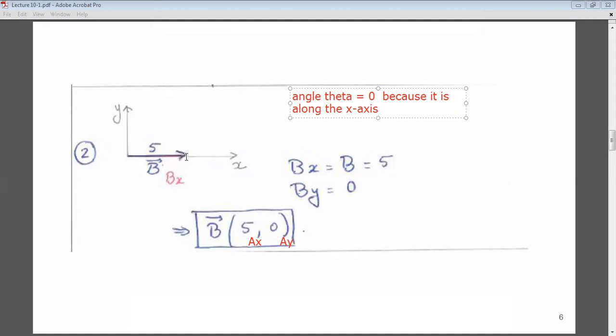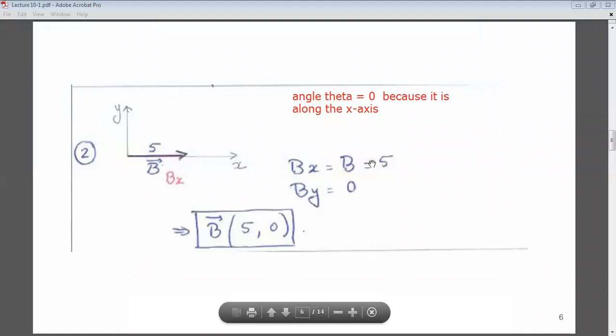So Bx is 5. Then we go along the y-axis, but there is nothing along the y-axis. So By is 0. So what is vector B? It is 5, 0. As simple as this.